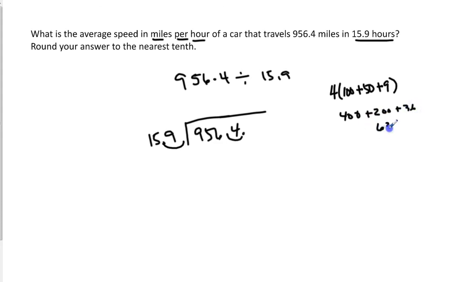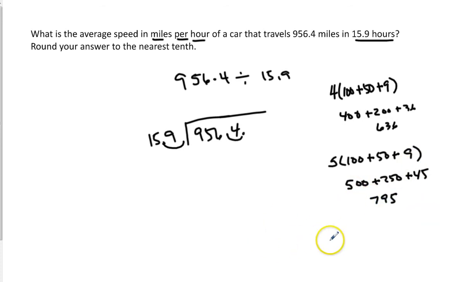So it's 636. I think I can go higher than that. So let's try 5. Becomes 500 plus 250 plus 45. So that becomes 750, so 795.